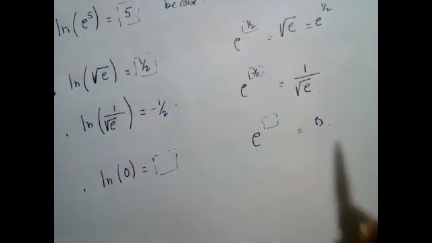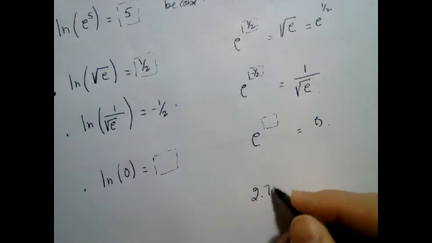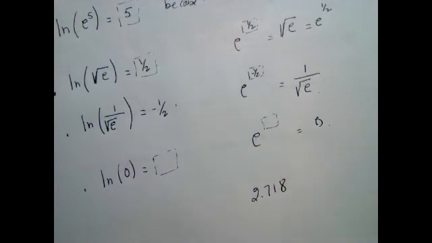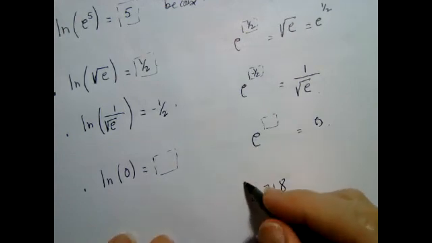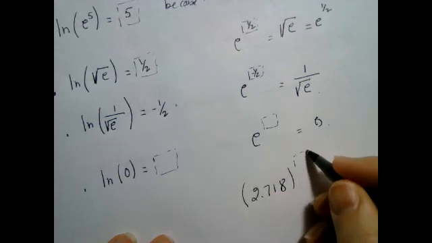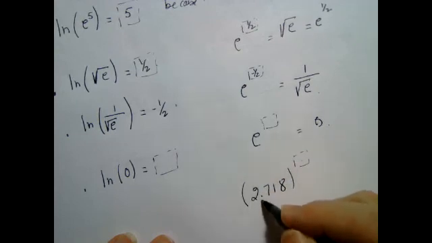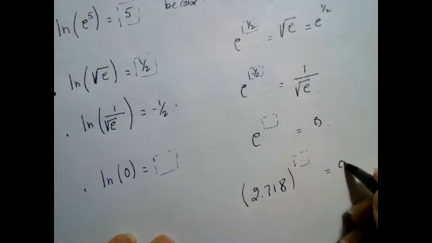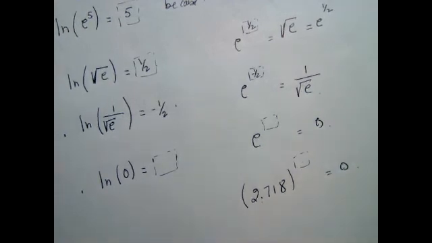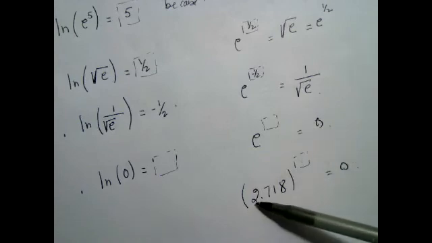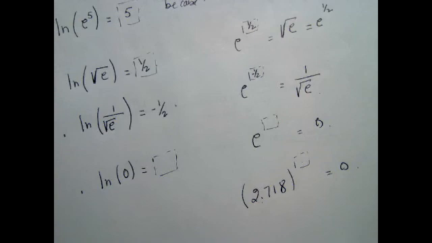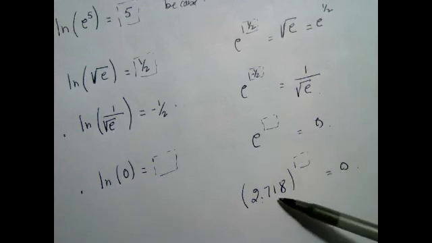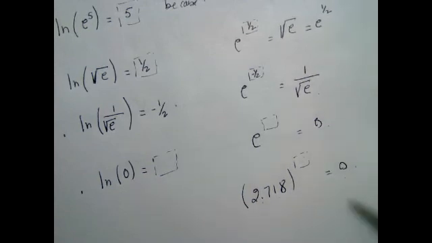E is 2.718. Never lose track of that. I'm asking, can you find a power so that when I take this to this power, I get a 0? It's just a number. The growth factor is 2.718. That's an exponential function whose growth factor is 2.718. So can you find a number such that if you take 2.718 to this number, you get 0?